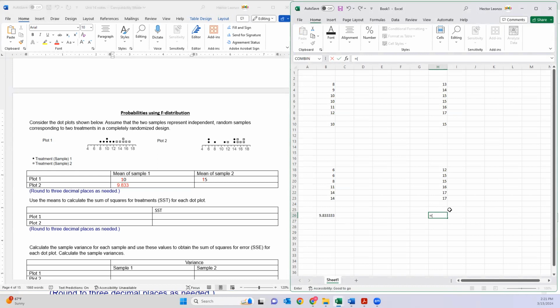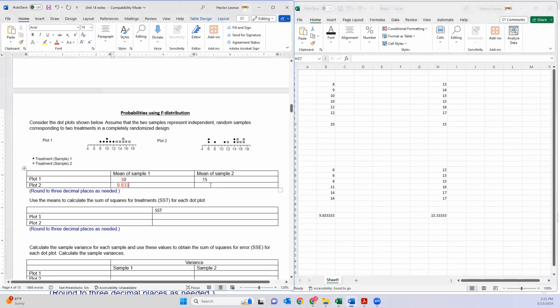Remember, equals, open parentheses, 12 plus 15 plus 15 plus 16 plus 17 plus 17, close parentheses. Don't forget to close the parentheses here and then divide. There's 6 of them, so I'm gonna divide by 6, and it tells me this big decimal number, which I'm gonna round to 15.333.